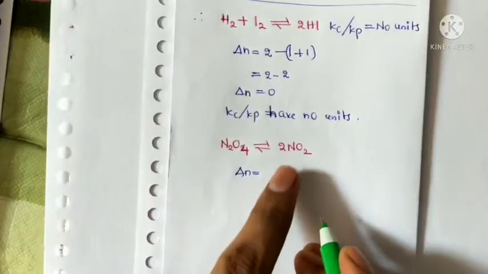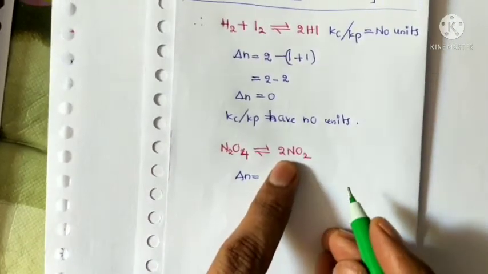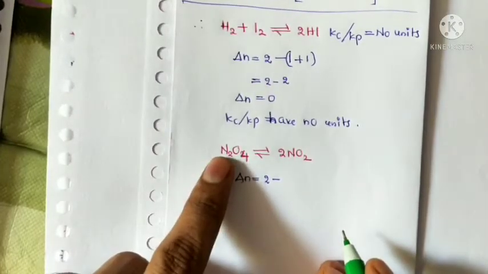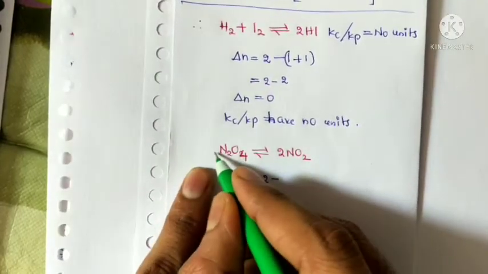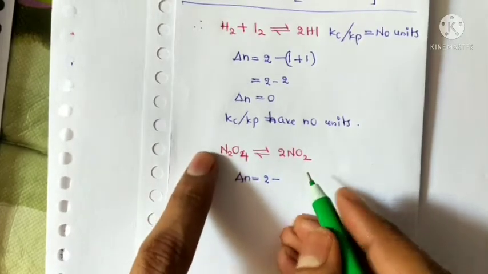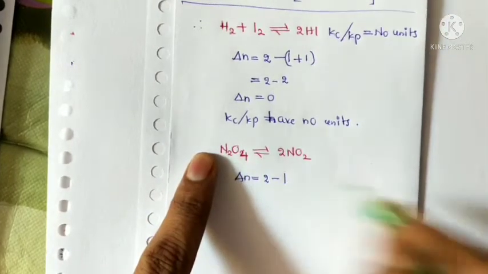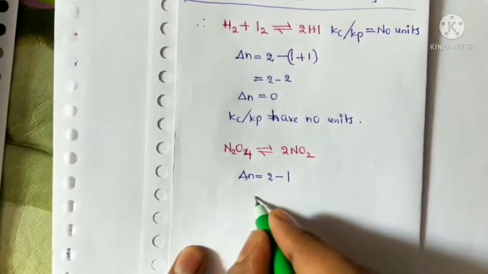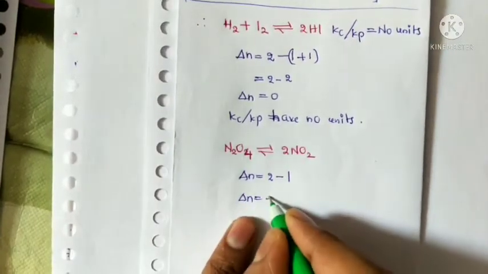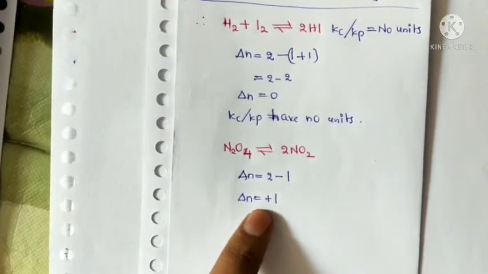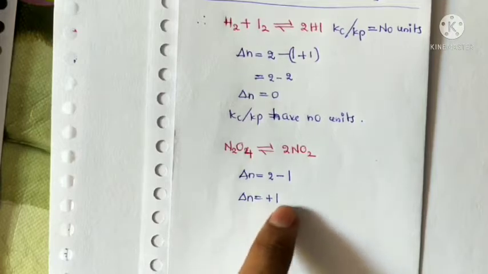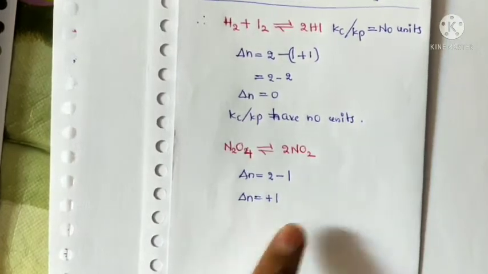The number of moles of products is 2, minus the number of moles of reactant, which is 1. So delta n is plus 1. That means delta n is positive and its numerical value is 1.